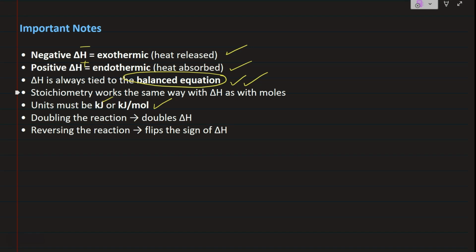Those are the units that you can use. And doubling the reaction doubles the delta H, and reversing the reaction flips the sign of delta H. What does reversing the reaction mean? It's basically saying that you're going the other way. If you flip the product to the reactant side, depending on the decomposition of the reaction, then of course the delta H changes.